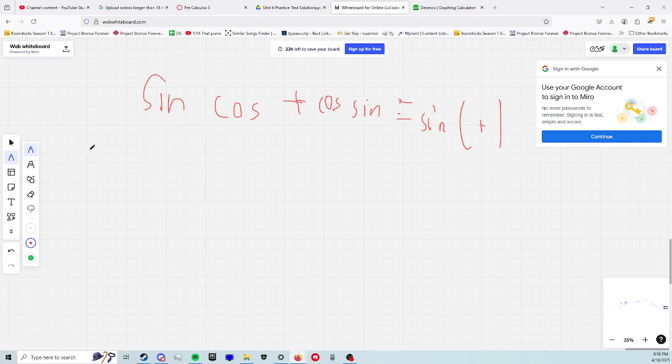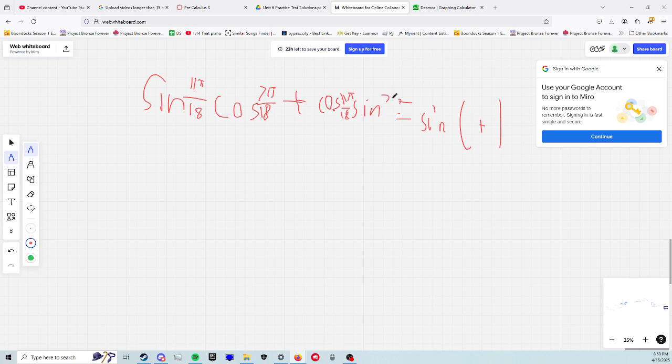Sine A is 11 pi over 18, and cosine B is 7 pi over 18. Now, if you look on your sheet, you'll know we did this previously as well. It's like the Pythag, no, it's not Pythagorean, it's sum and difference identities.